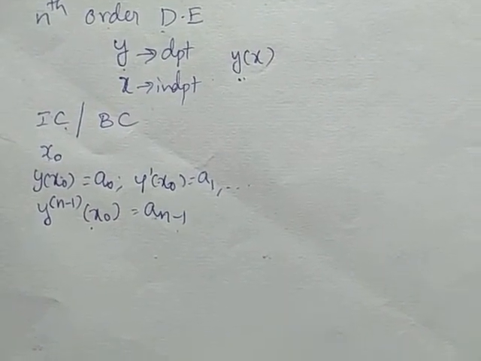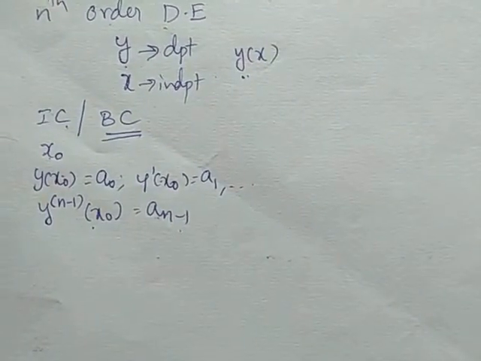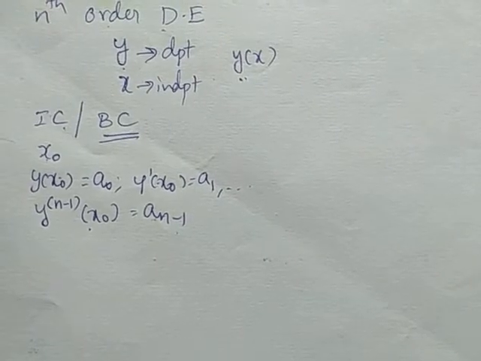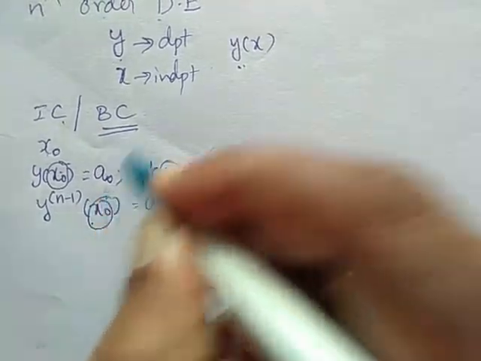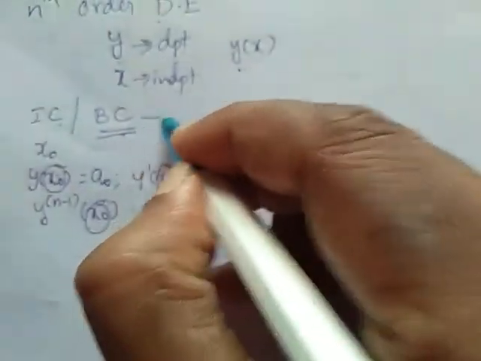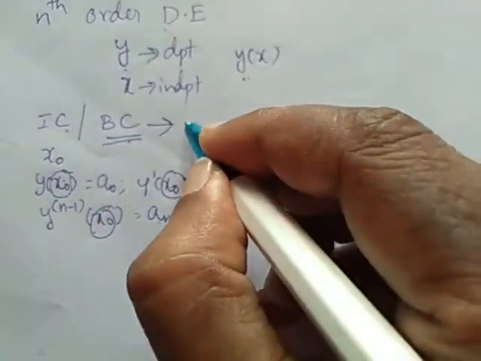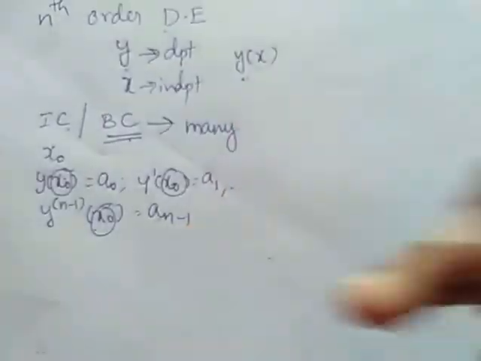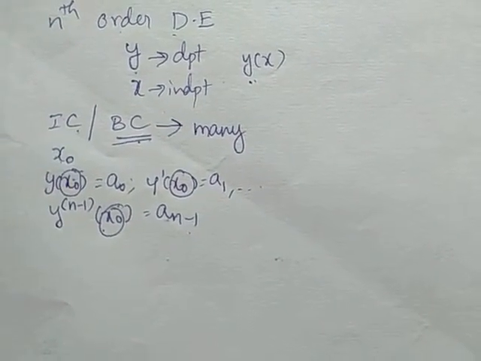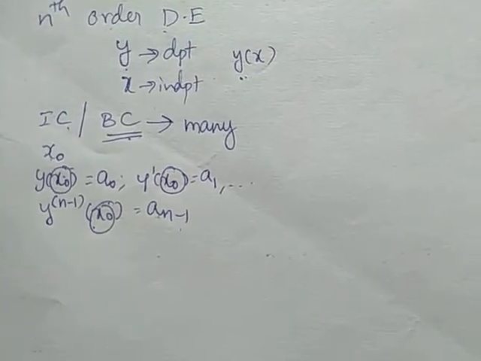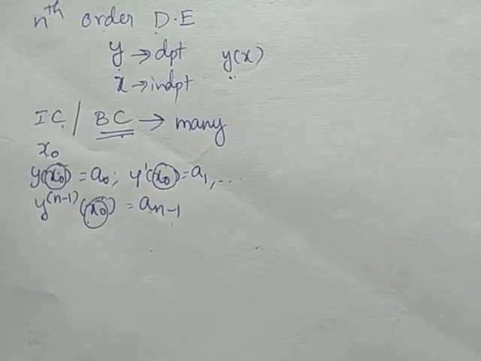If it is a boundary value problem, then the conditions need not be specified at only one point. In a boundary value problem, the conditions are specified at more than one point, at many points.